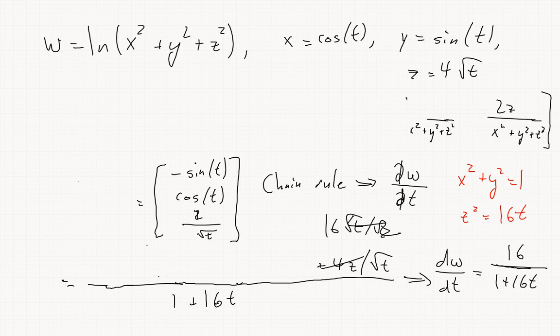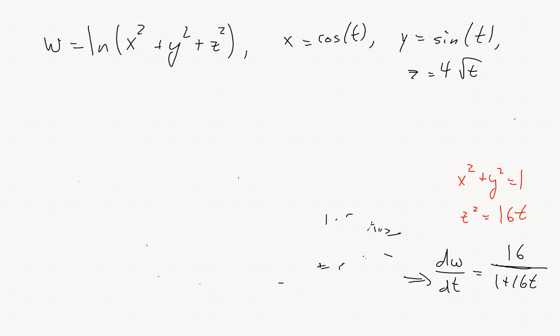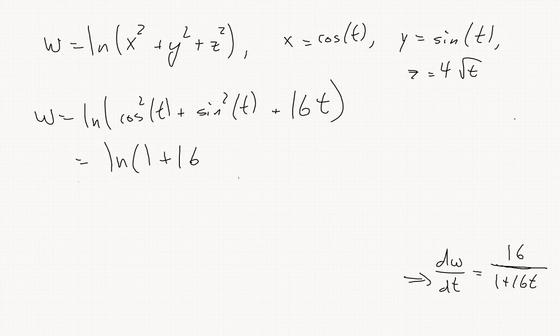So if we expand the definition of w, we'll get w is equal to ln of cos squared t plus sine squared of t plus 16t, which is equal to ln of 1 plus 16t.